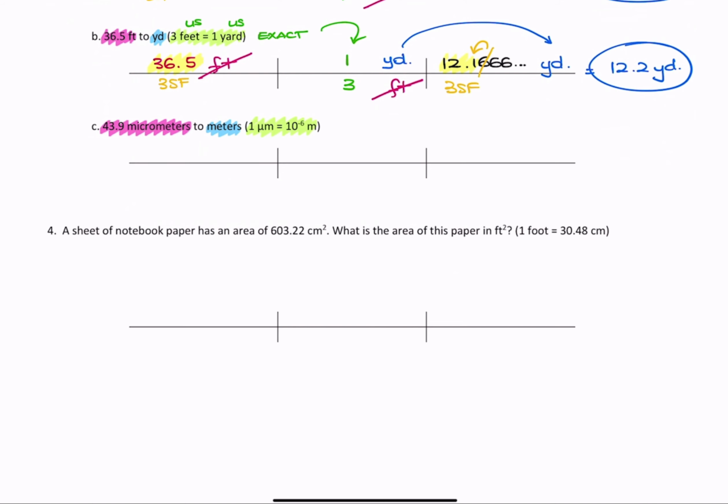The little trick to remember is that the 1 is always on the side of the prefix, and the power of 10, you will always write it, the value, on the opposite side. Okay, so the prefix and the power of 10 are always on the opposite side.